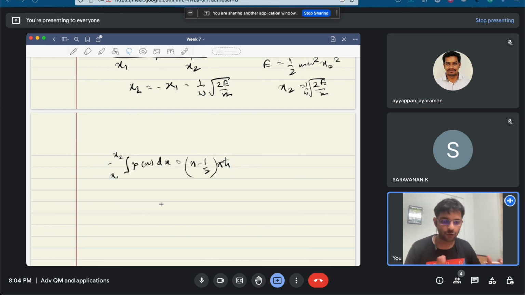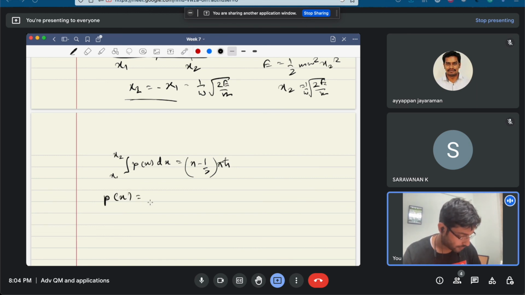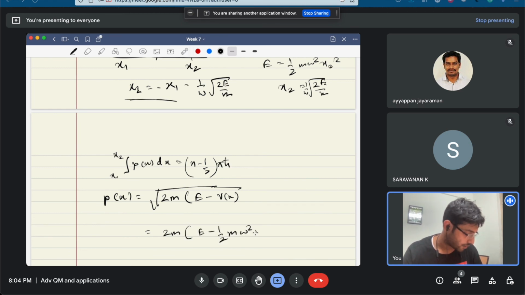So these three formulas are the prime formulas for WKB. You don't need to know anything else for competitions or for your exams as well. Here x1 and x2 are essentially the ones given here, and your p of x is nothing but root of 2m (E minus V of x), which is 2mE minus half m omega square x square.